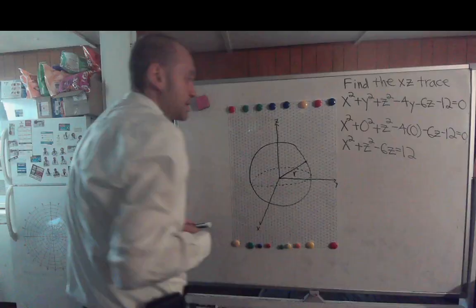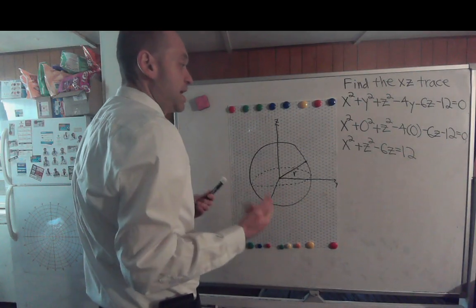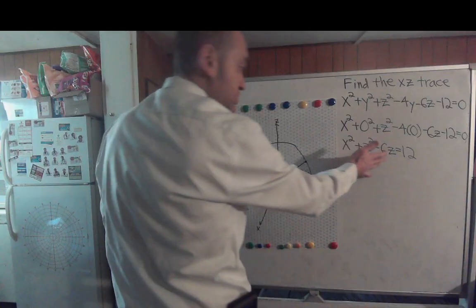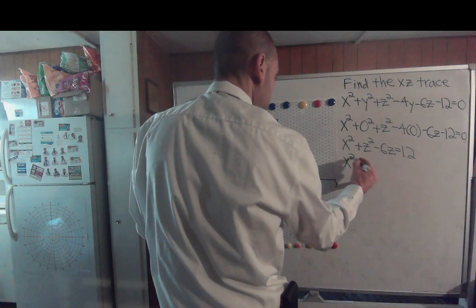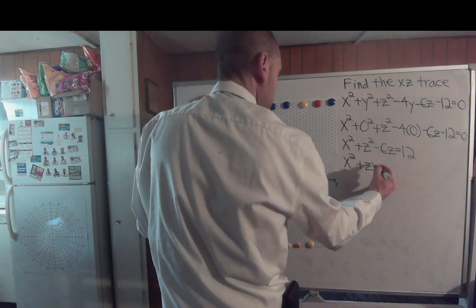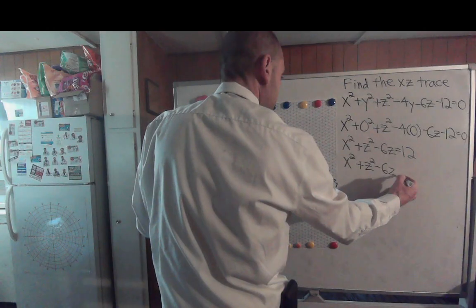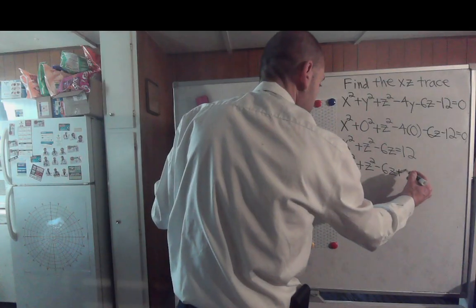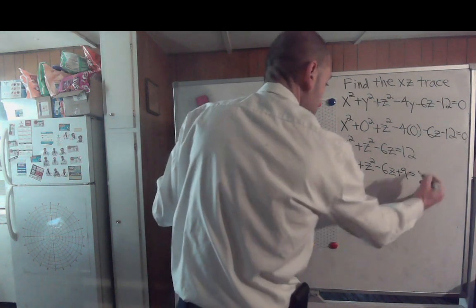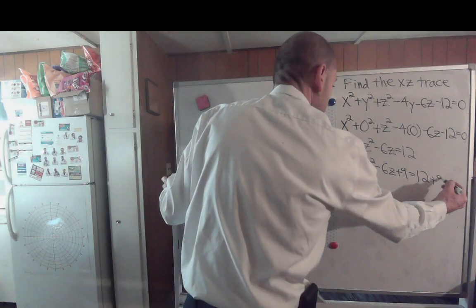Okay, so now let's go ahead and complete the square on the z terms to simplify this. So you'll get x squared plus z squared minus 6z. Now half of negative 6 is negative 3. If you square that, you get 9. So this will be plus 9 equals 12 plus 9.